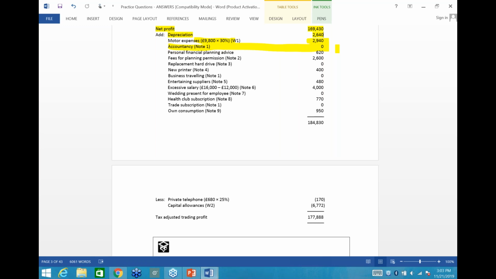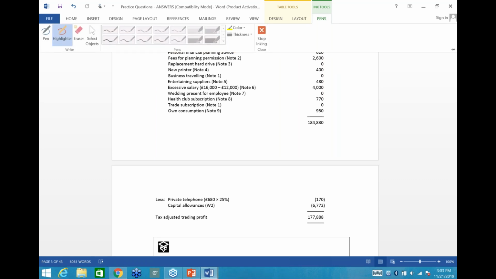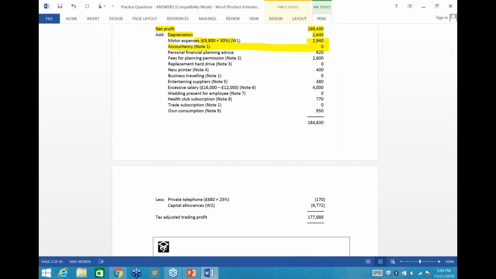Then personal financial planning advice. It's nothing to do with the business that I'm running. It's purely on a personal basis. In that case, that planning advice 620 is not an allowable expenditure. You need to add it back, 620. Then fees for planning permission.